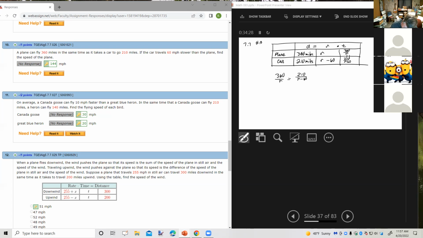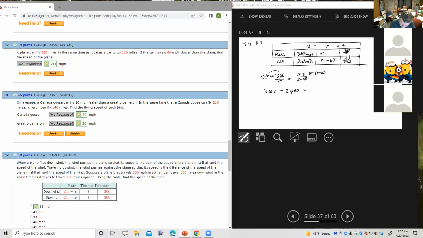Your LCD is going to be R times R minus 60. On the left, the R's cancel out and we get 360R minus, let's see here, 360 times 60 is 21,600.